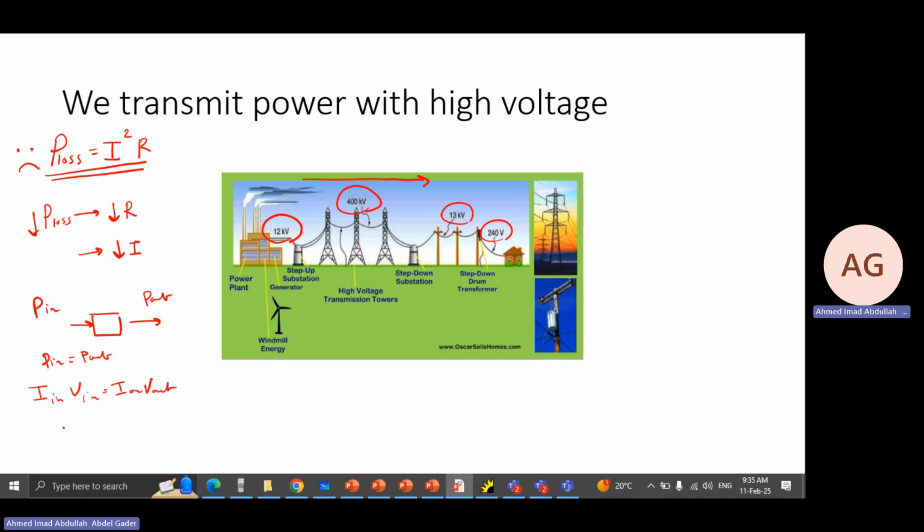I out is where power losses take place. Of course, this machine being the transformer, I shall call A. I out equals I in V in divided by V out. So we can see here that I out is inversely proportional to V out. So by increasing the voltage, we can decrease the current. And if we can decrease the current, we can decrease the power loss.